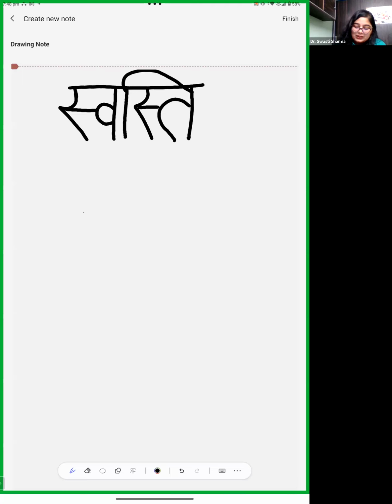I'm making it in the blocks. First of all, you have to understand how we write in Sharda script, then we will understand it through the blocks. So first, this is sa. Will the upper line come or not in the letter sa?